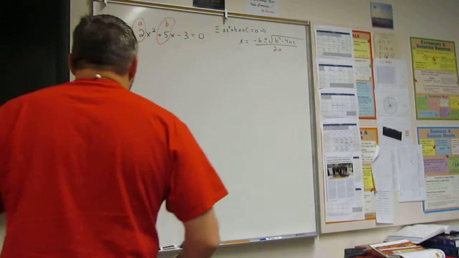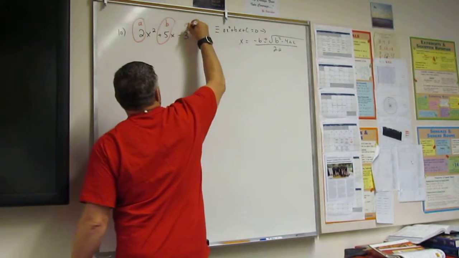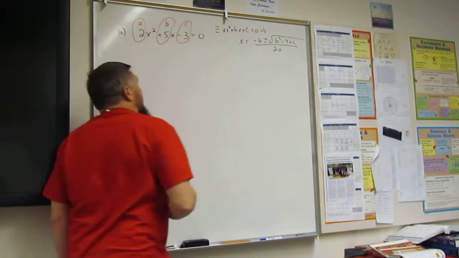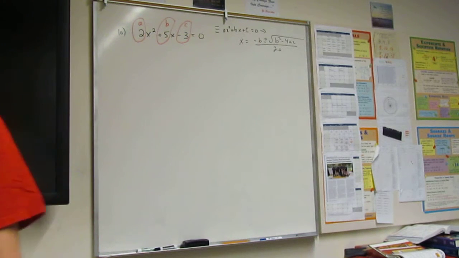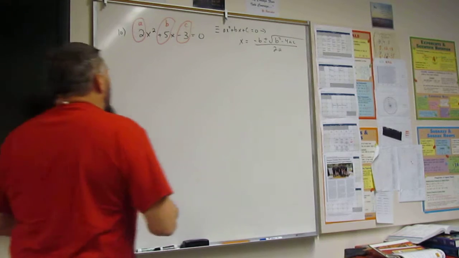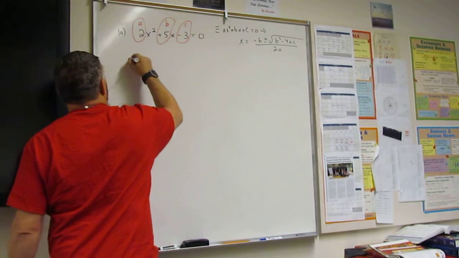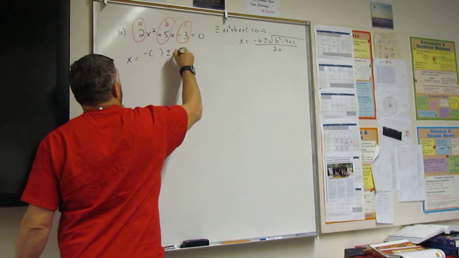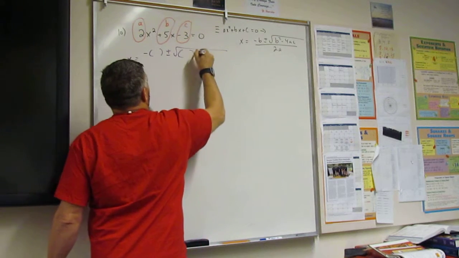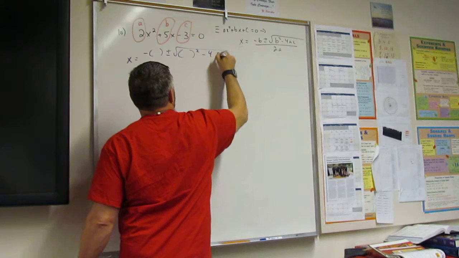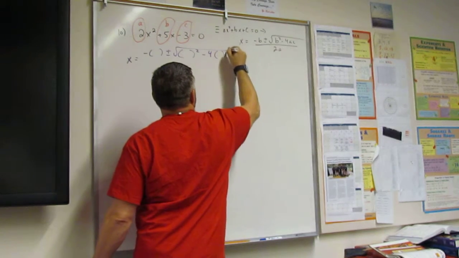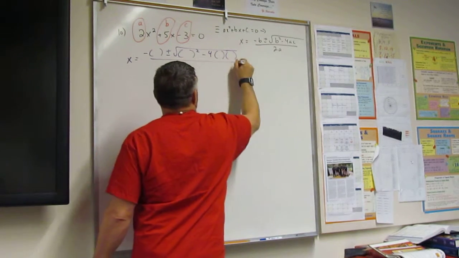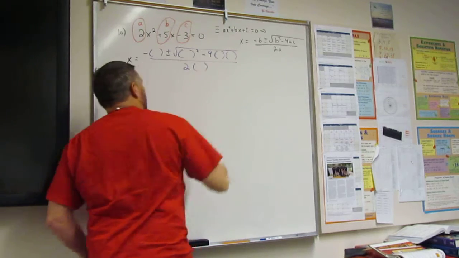Okay. And C, remember I'm using the sign in front of it, but not the X's. Okay? And so I create x is equal to negative b plus or minus the square root of b squared minus 4 times a times c all over 2a.